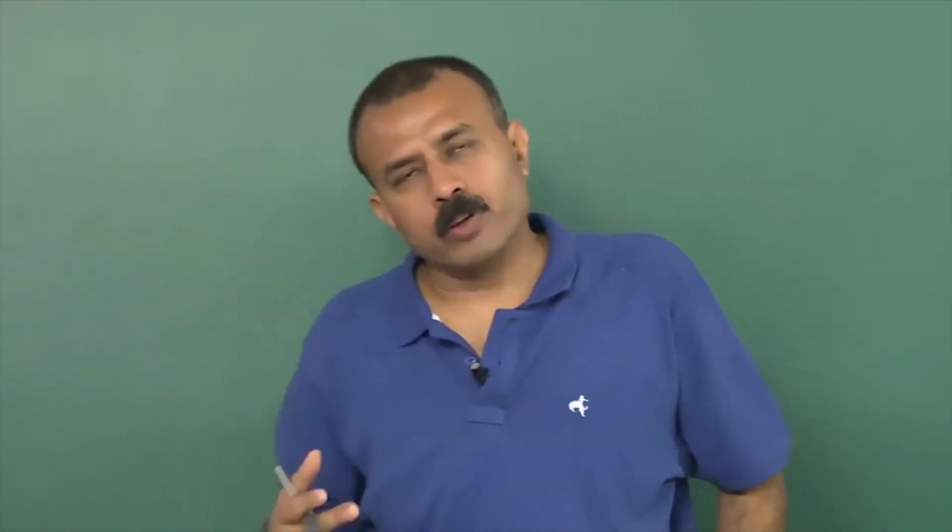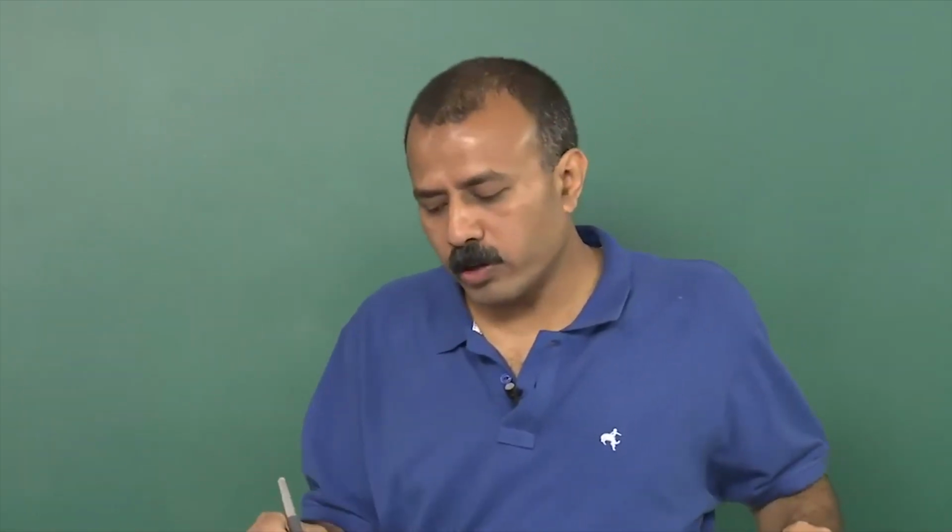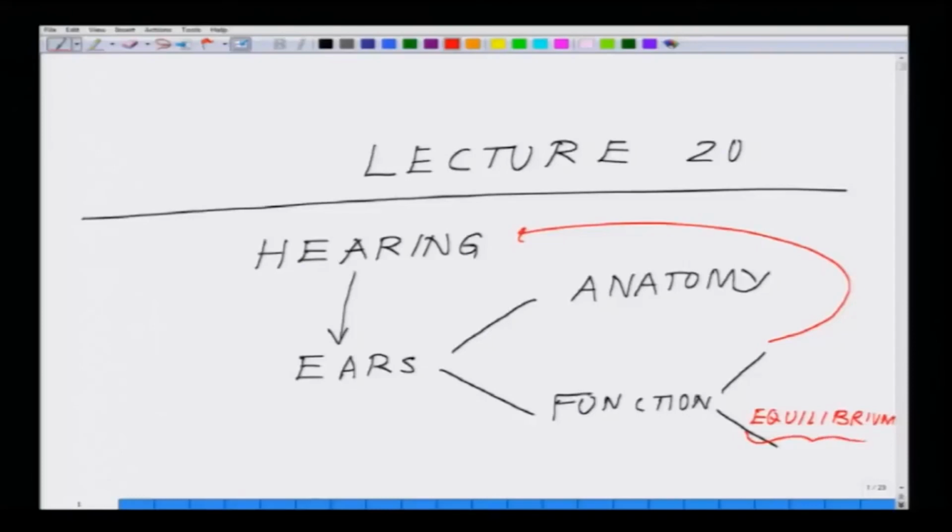After a point you feel dizzy, because there is a disequilibrium in your body, and this equilibrium is sensed by a specific part of the cochlea. We will talk about that very briefly, and then within this functional system, we will be talking about specific cell types called hair cells.